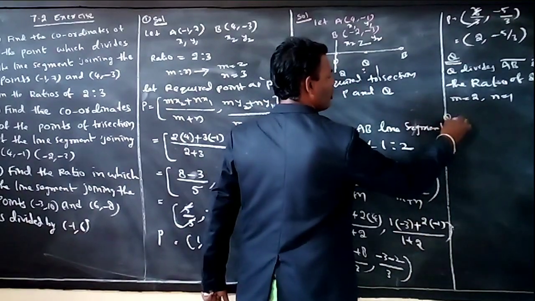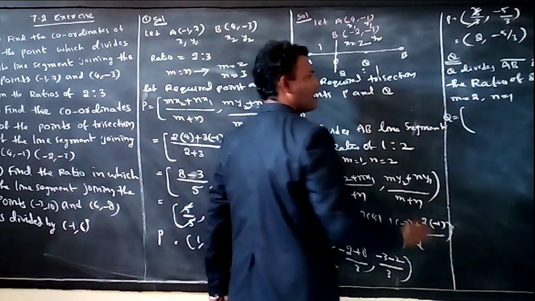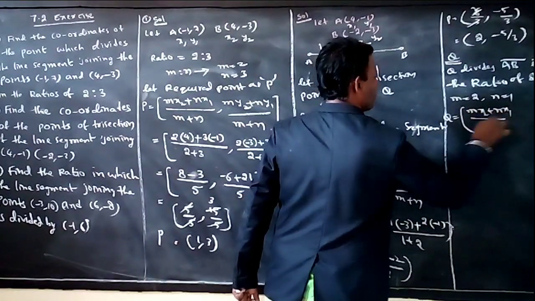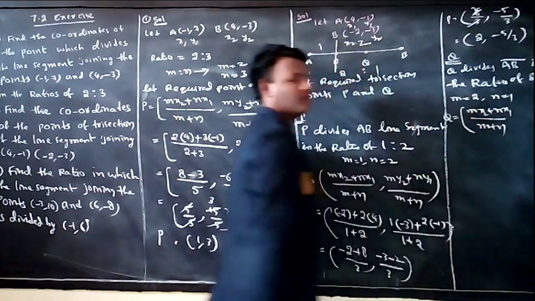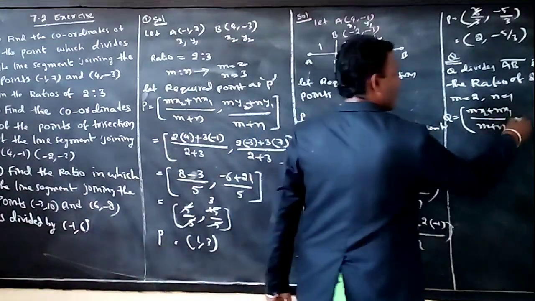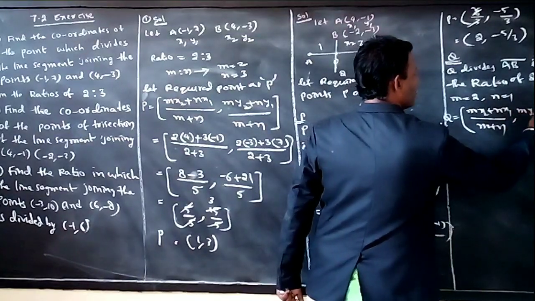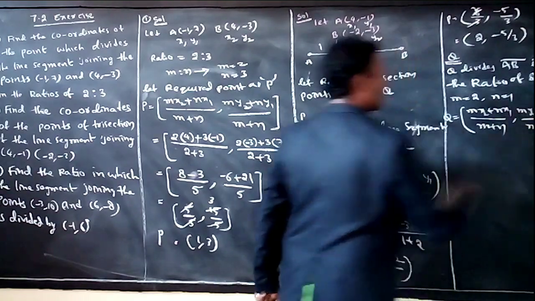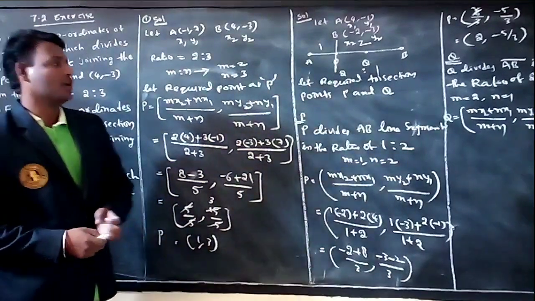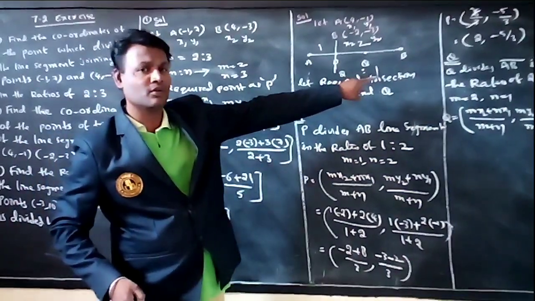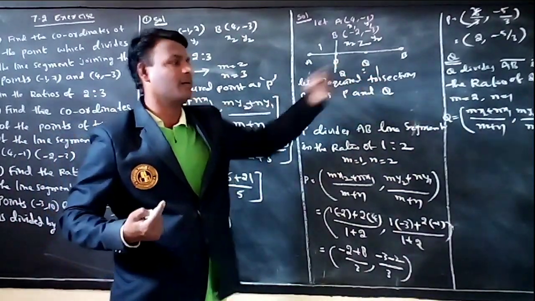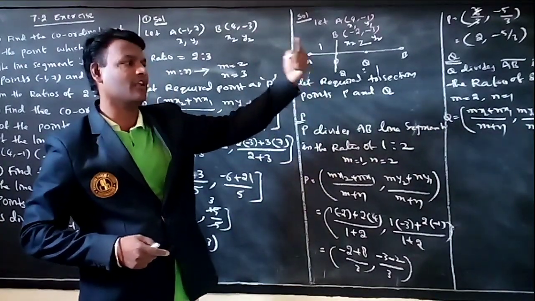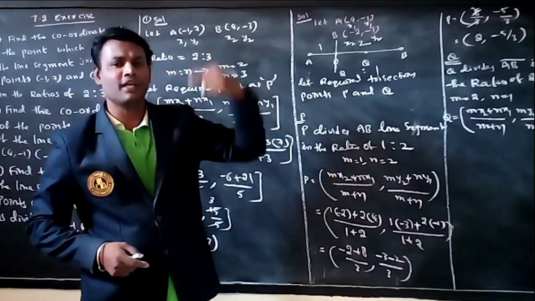Same formula I am going to apply here. What is the formula? Q is equal to (mx2 + nx1) by (m + n), (my2 + ny1) by (m + n).